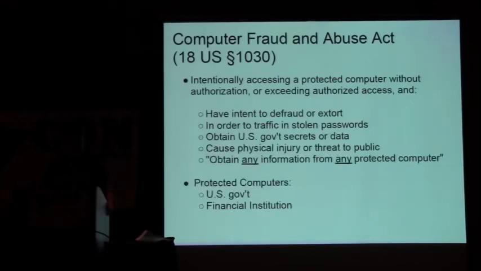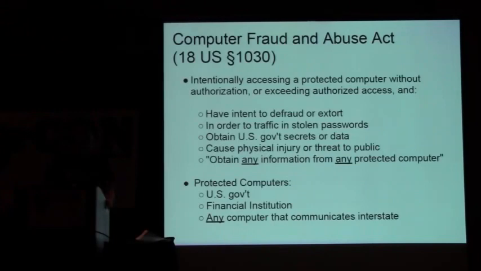So now they broadened it to cover anything that you could possibly learn from a computer. Great. Well, at least it's only from protected computers, right? So it's only US government computers or financial institutions? Nope. It's any computer that communicates over state lines. In other words, any computer connected to the internet. Awesome. Thanks, Congress. Good job.